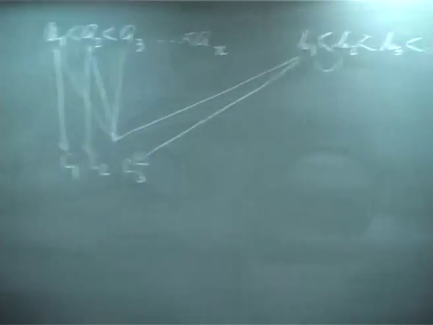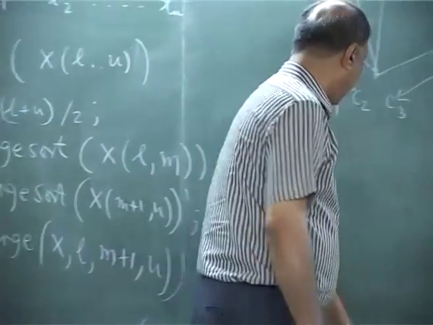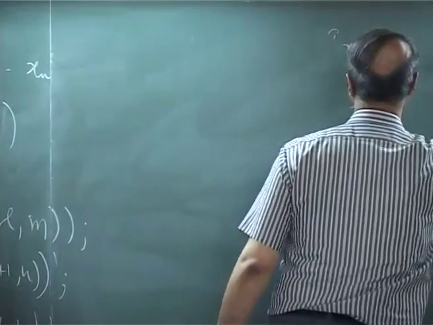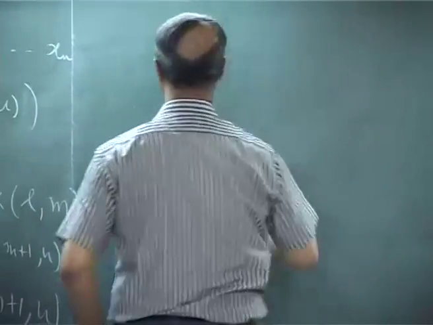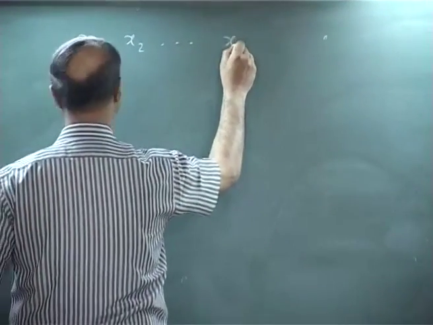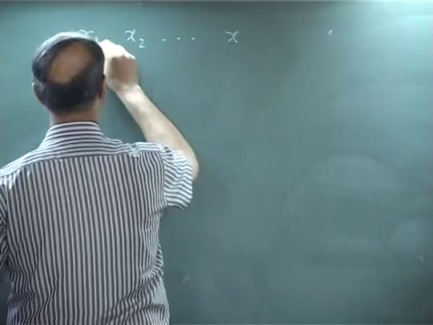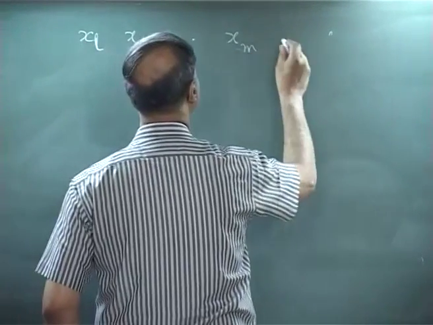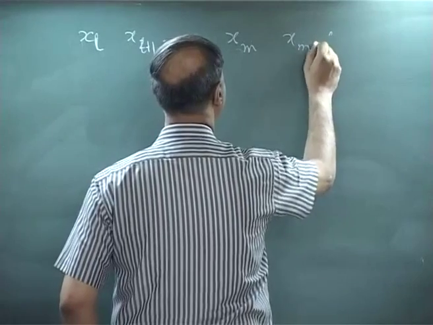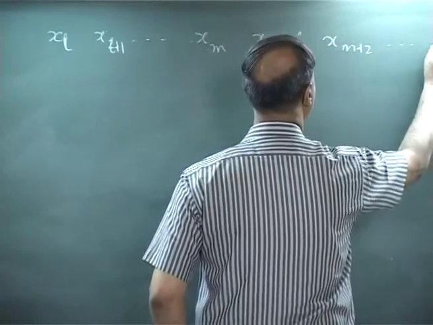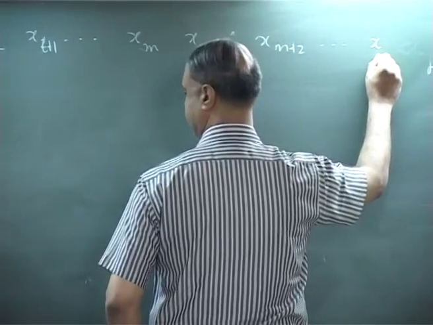Now here I have one sequence x1, x2, up to xl plus 1, xm, then you have xm plus 1, xm plus 2, up to xu.